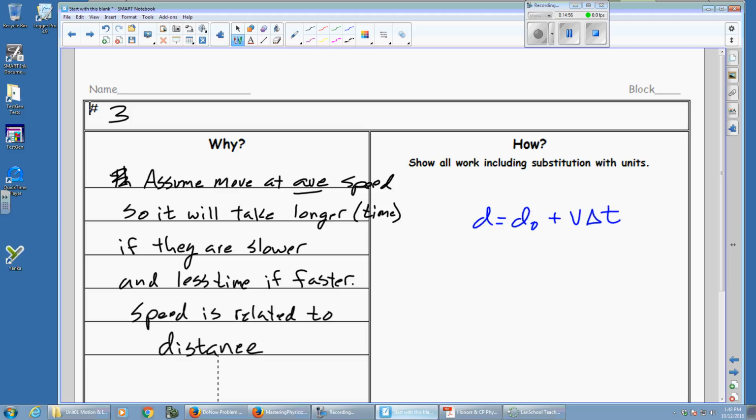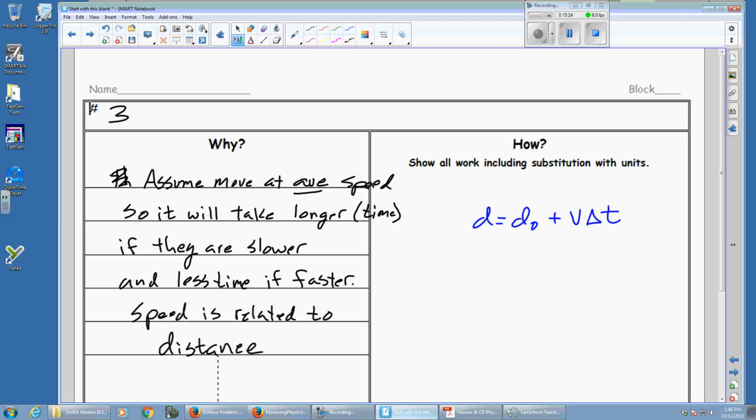Now, D means how far I travel, or where I end up, depending upon how you're using it. D naught means where I start. What do you want to call where they started? How about 0? It's an easy number. I'd rather call it 0.